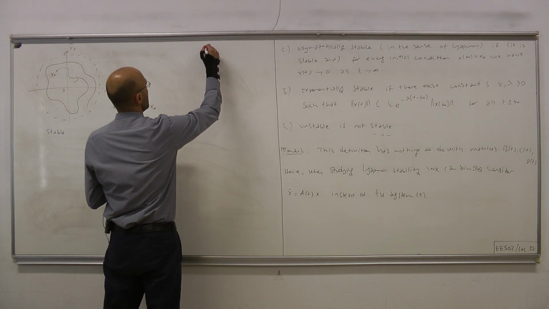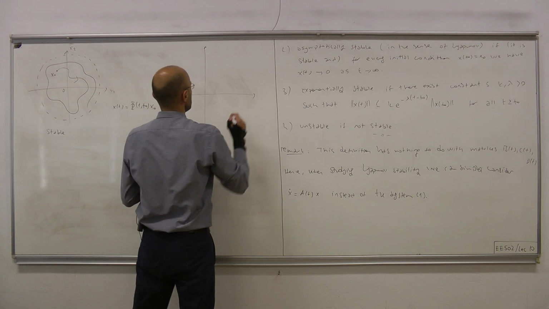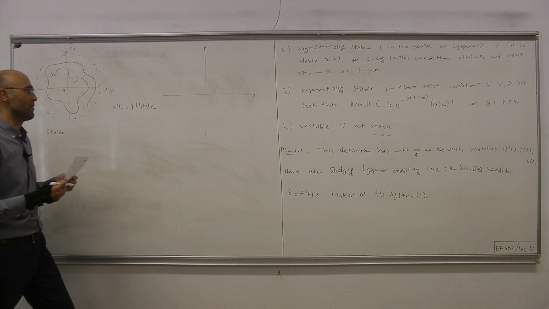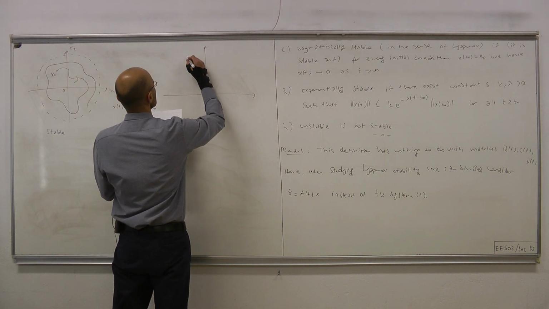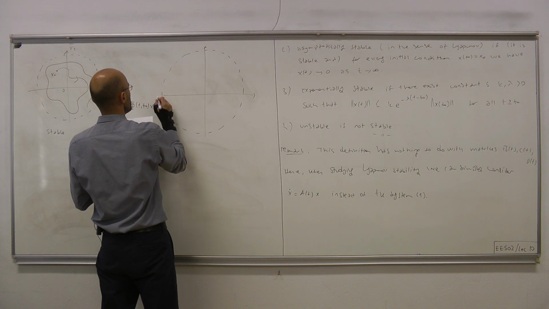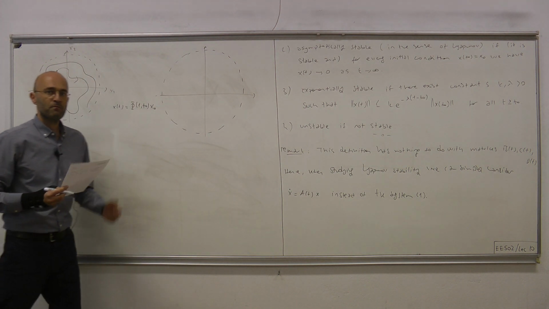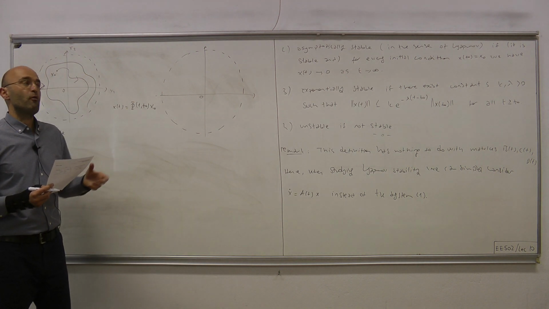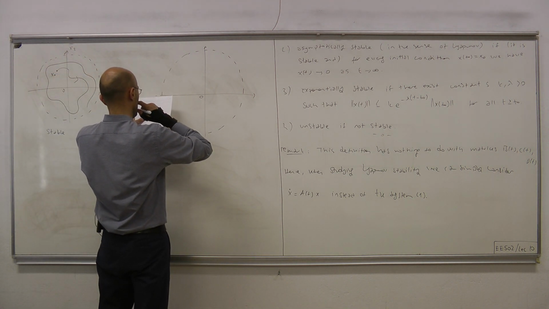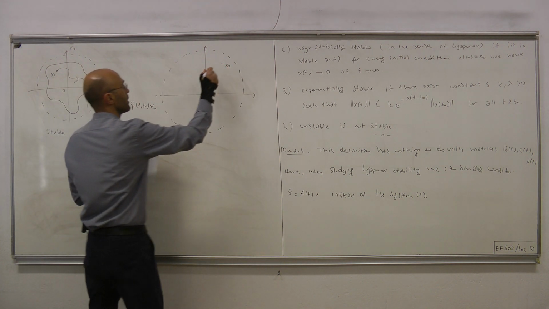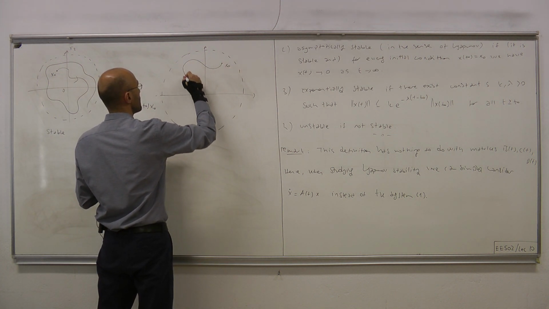Now, if a stable system also satisfies the additional property that it's not leaving this ball, this circle, for all future times, but on top of that, it also converges toward the origin, let's say.